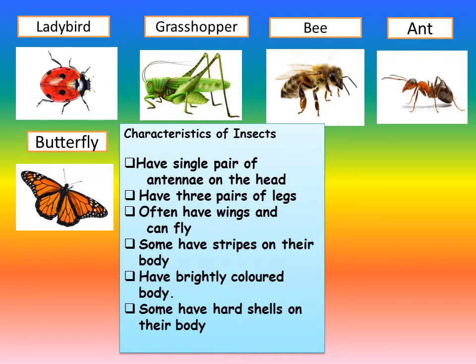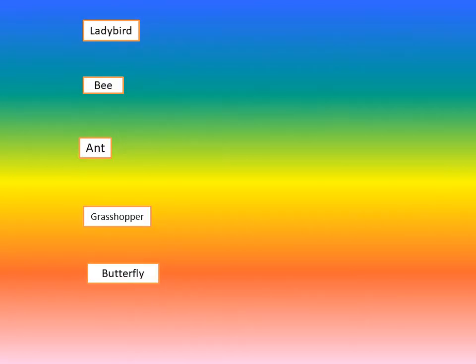So this list of characteristics of insects is what we call an identification key. This identification key, or list of characteristics of insects, is used to classify or identify each type of insect. Now, let us use the identification key to identify each insect.